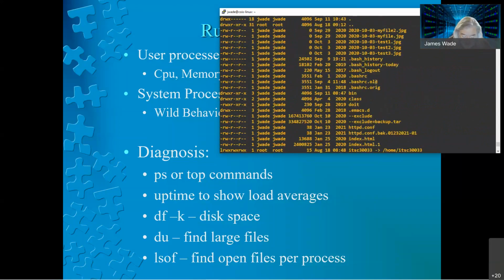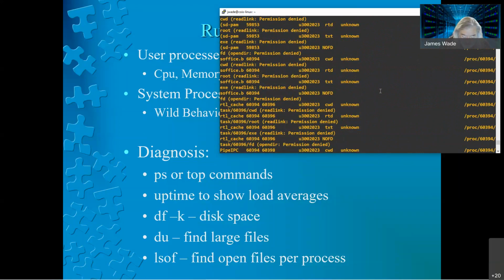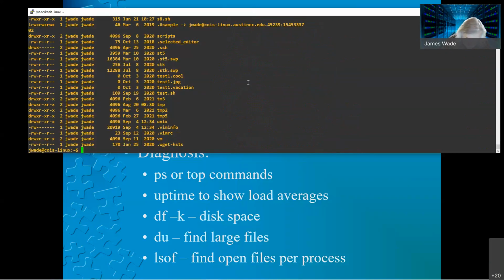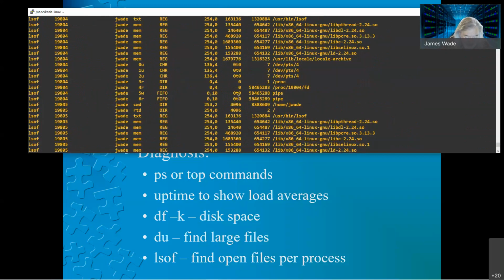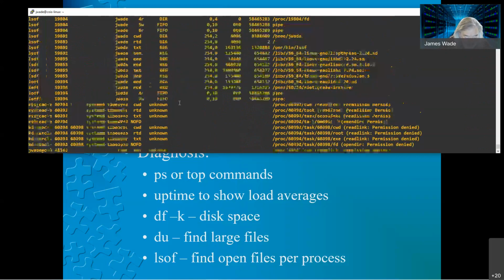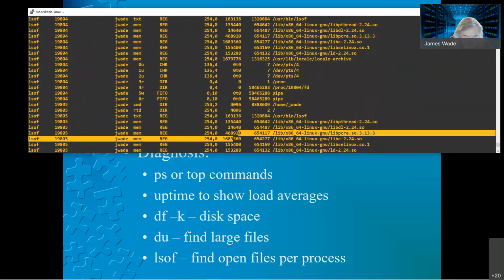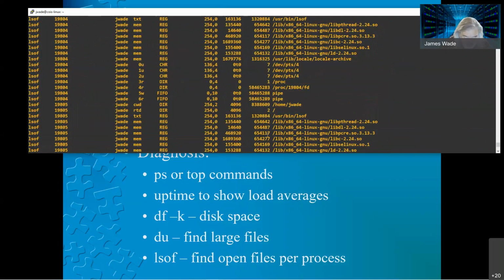And if we look at the output here, it's kind of hard to see, so let me extend that, do an lsof. And see, notice it lists right here. These are file sizes right here. So see how it's got some library opened up.